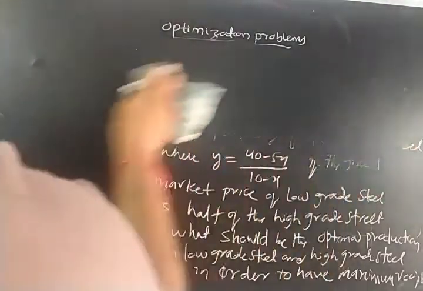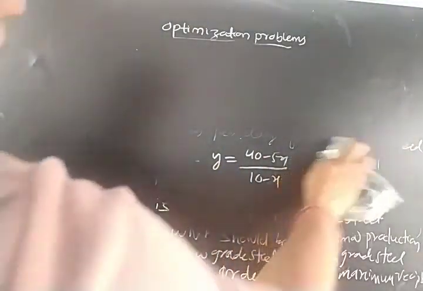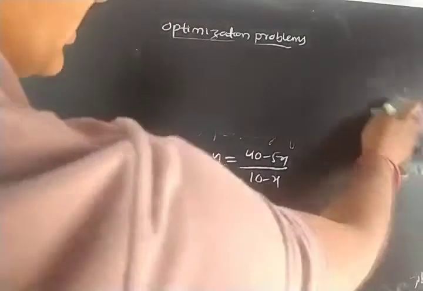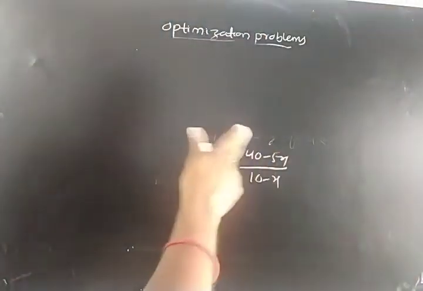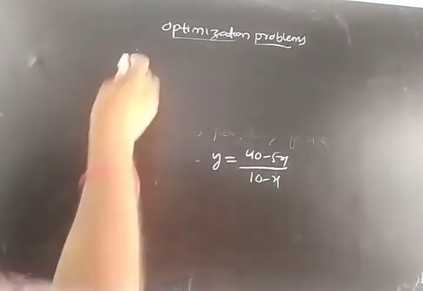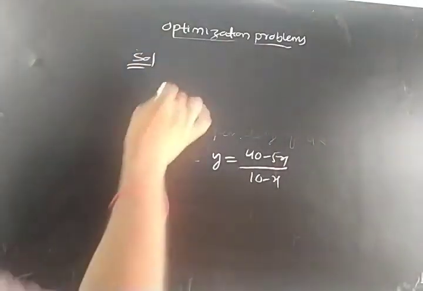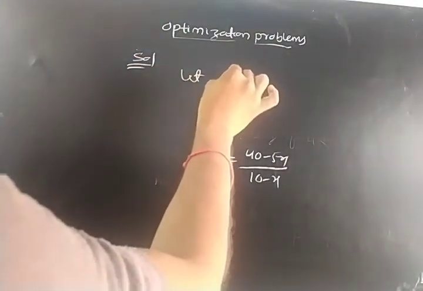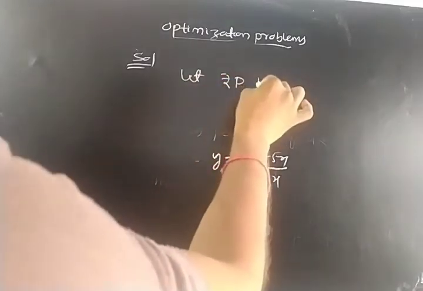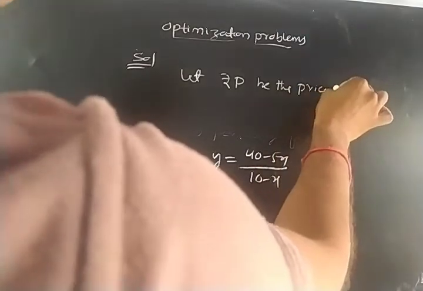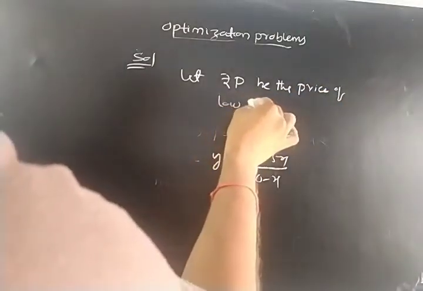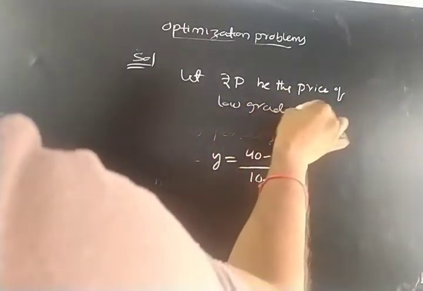First of all, I am assuming this is the relation between low grade steels and high grade steels. Number of low grade steels are X, number of high grade steels are Y. So first of all, before solving this, let me take rupees P as the price of low grade steel.